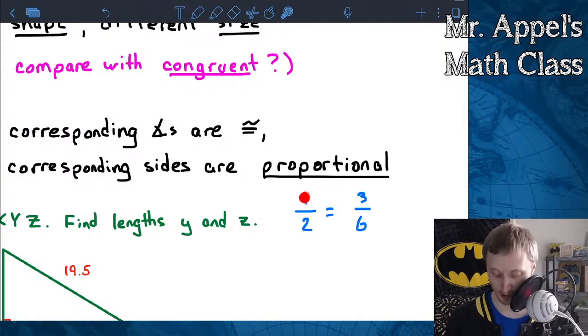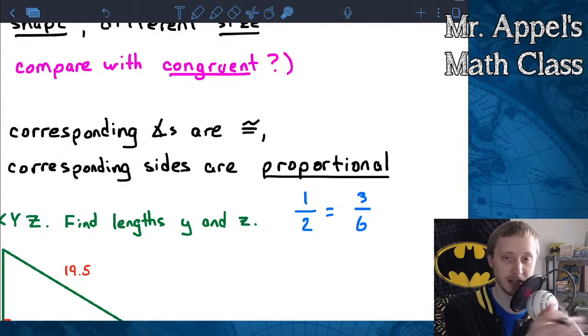So if you were to compare the two sides of a triangle, the left side versus the right side of this triangle, and the other triangle has the left side and the right side in the same ratio, right? The relationship between 1 and 2 is the same as the relationship between 3 and 6. It's twice as big. Okay? So if this side is twice as big, that side is twice as big as the other.